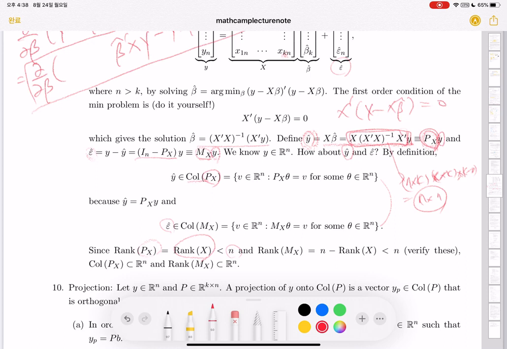And so the P sub x divides the n-dimensional Euclidean space into two. It forms a linear subspace in n-dimensional Euclidean space.